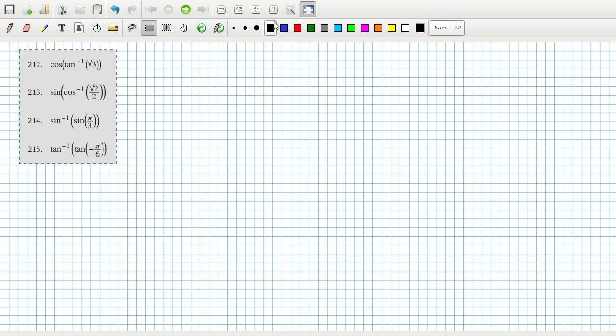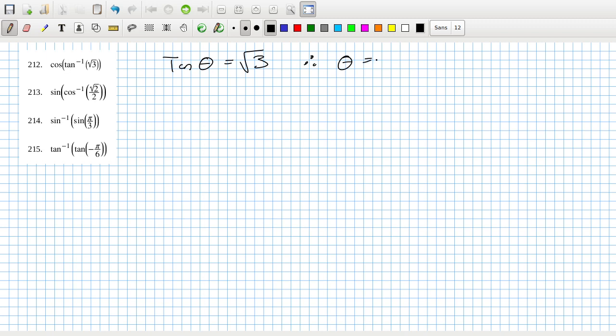Okay, so tan inverse root 3. We need to think about when does tan theta equal root 3. Therefore, theta is pi over 3.